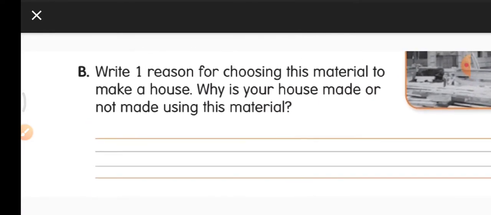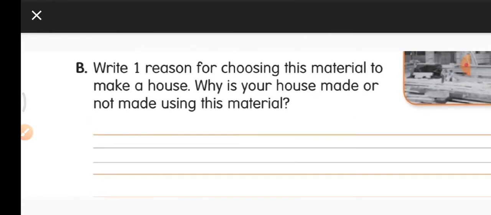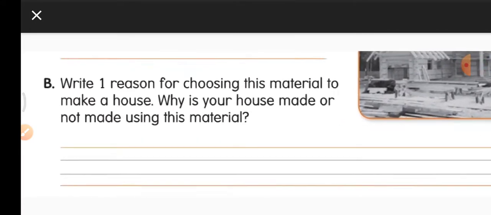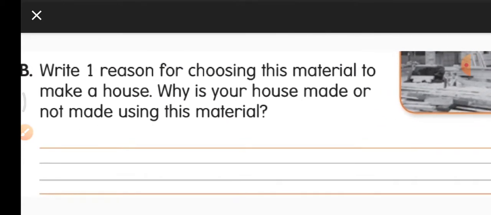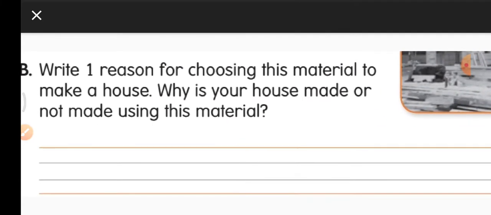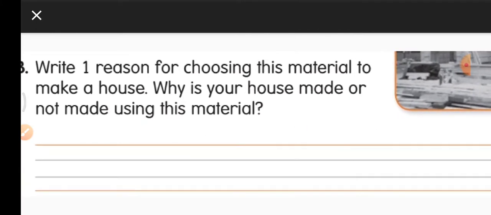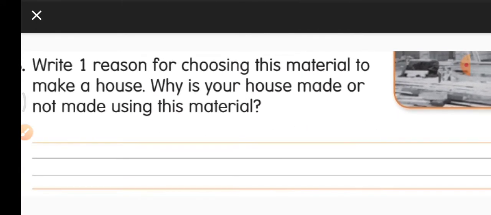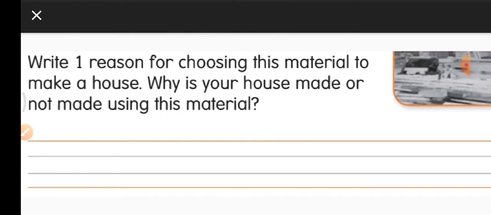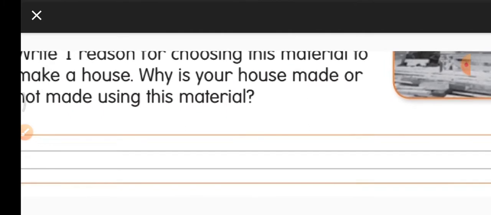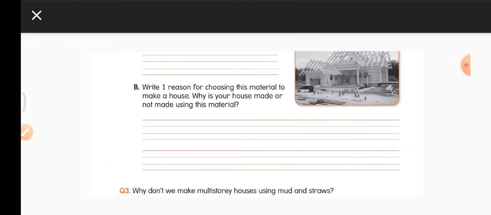See, people choose wood to build their houses so that it is cool inside. Wood keeps the house cool inside when it is hot outside, right? And when it is cold outside, wood keeps the house warm, right?